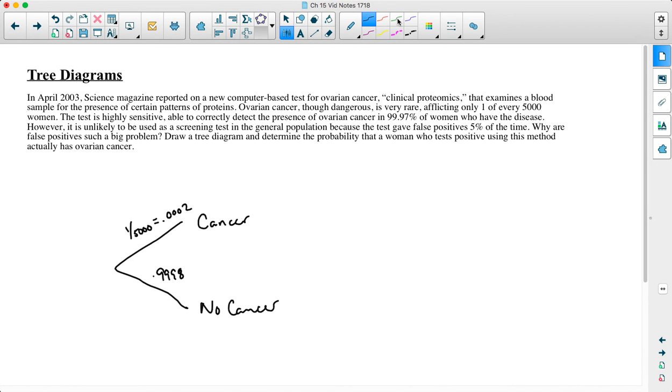Now, the next step comes in is when we know that if somebody has cancer, you either get a positive test or a negative test. Now, the test is extremely accurate if you have cancer. In fact, it's 99.97% accurate. So we're going to change that to a probability.